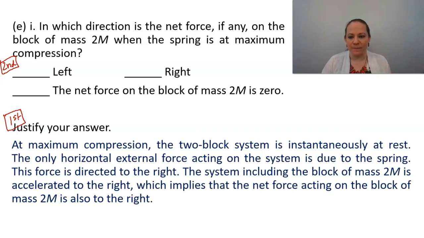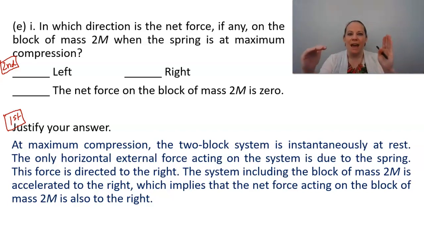So for this question, at maximum compression, the two-block system is instantaneously at rest. The only horizontal external force acting on the system is due to the spring. This force is directed to the right. The system, including the block of mass 2m, is accelerated to the right.